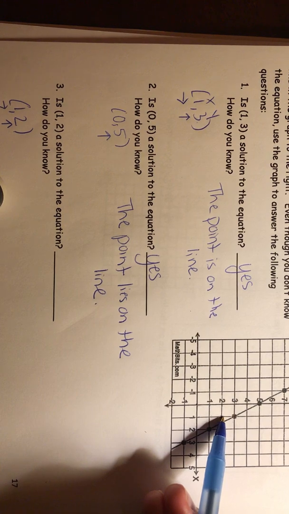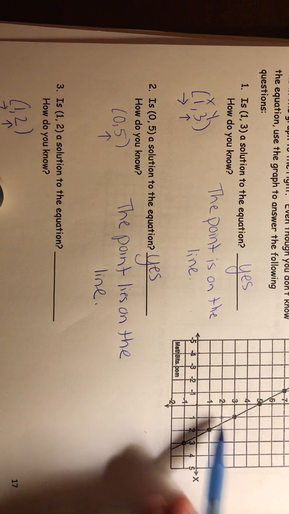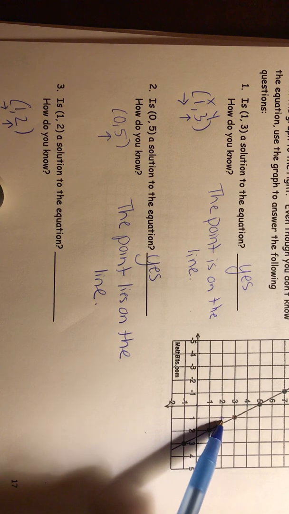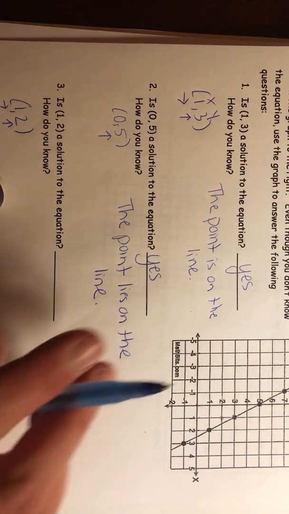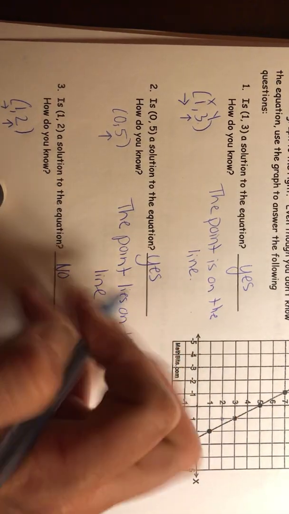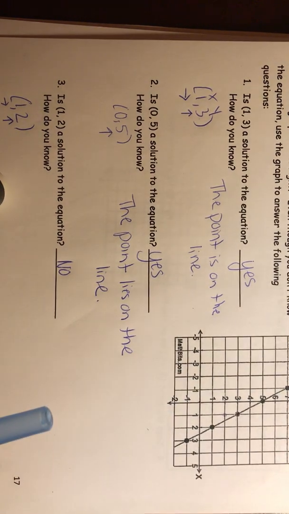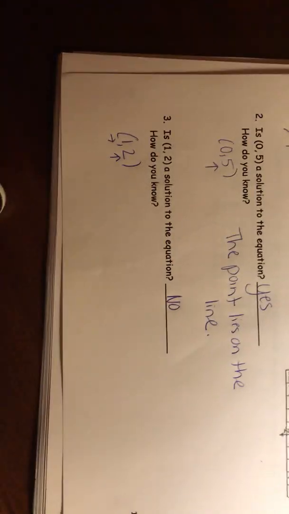It doesn't matter the order when you go to find your point. Since this point, (1, 2), is not a point on the line, we would say that the ordered pair (1, 2) is not a solution to this equation. How do I know? The point does not lie on the line.